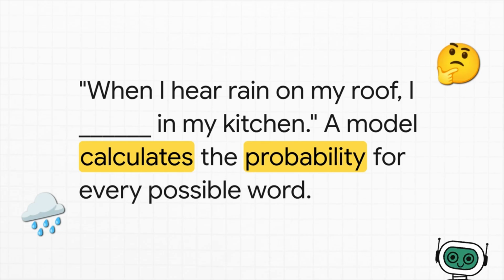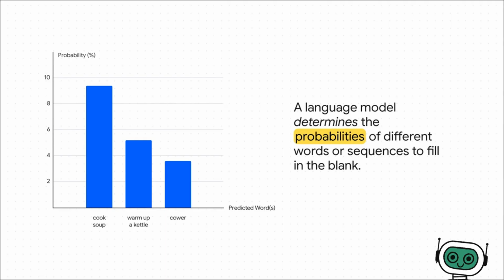It doesn't know the right answer. Instead, it just calculates the probability for all the words it's ever seen. So for our sentence, it might decide there's a 9.4% chance the next words are cook soup, and maybe a much lower 3.6% chance for cower. Now, it's not just guessing. These numbers come from the model having analyzed mountains of text, learning the statistical patterns of how we all talk.